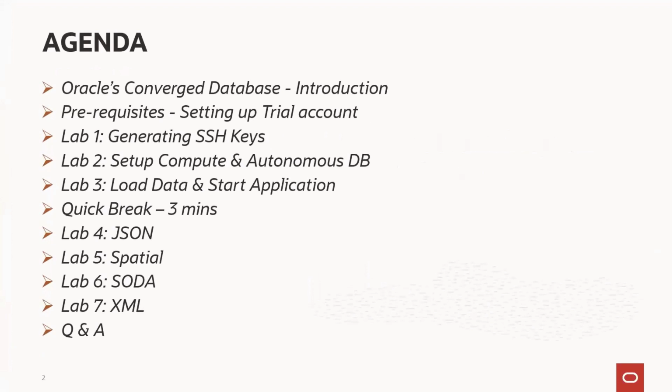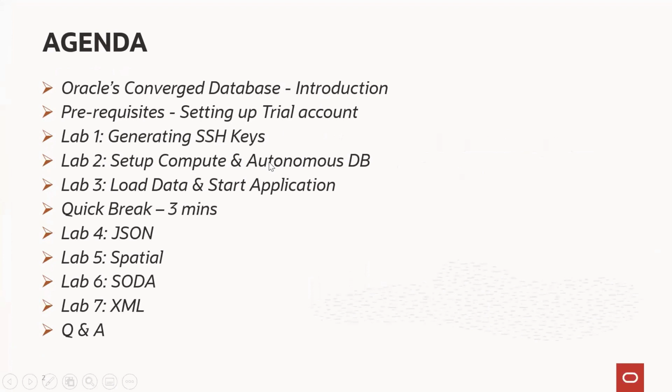So for our agenda today, we will be discussing these topics: an introduction to Oracle's Converged database and its features, and then about the prerequisites of setting up a trial account and generating SSH keys, followed by the hands-on labs, such as setting up of compute and autonomous database.